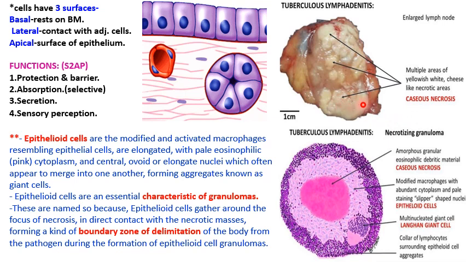When such a thing is there, it should not extend to the whole of the lymph node. So these epithelioid cells surround this caseous material. This is the caseous material. They surround it, preventing the spread of this infection to further areas.